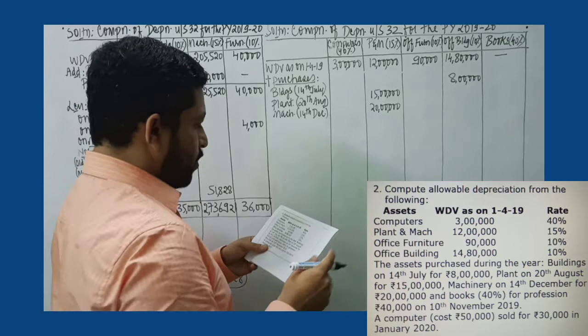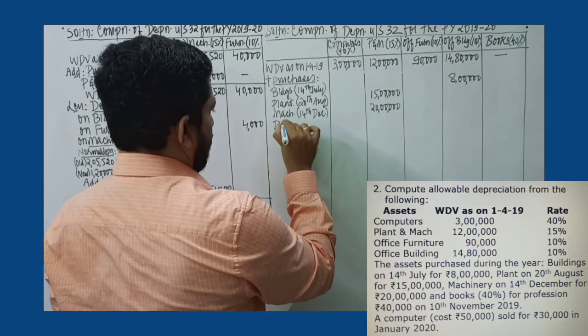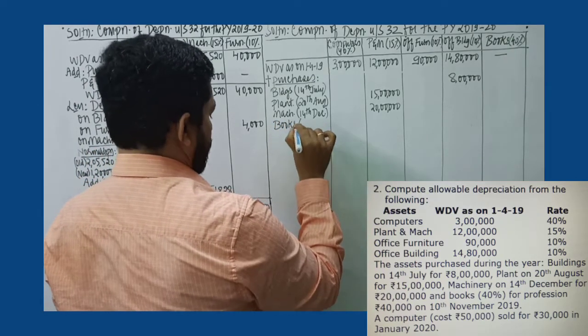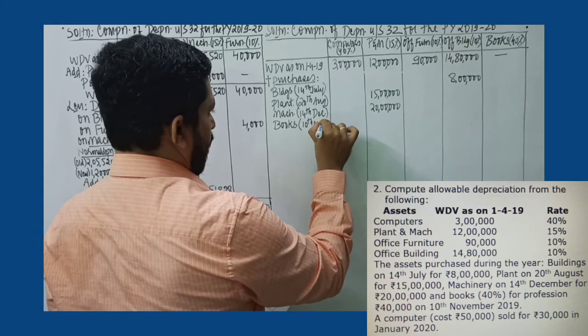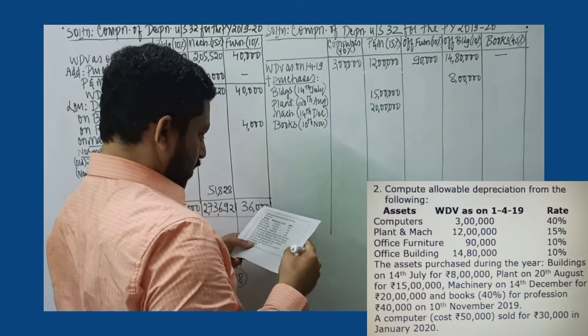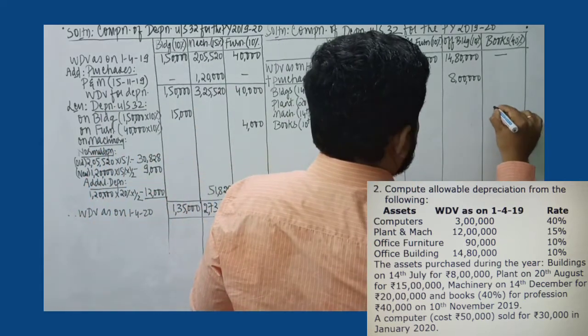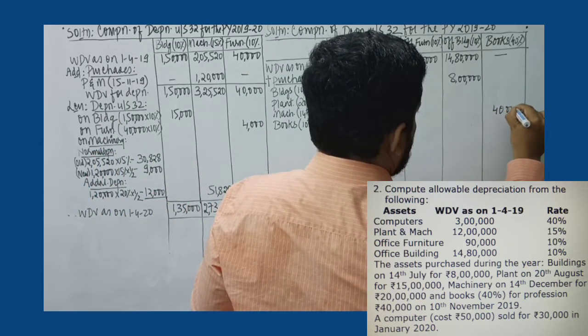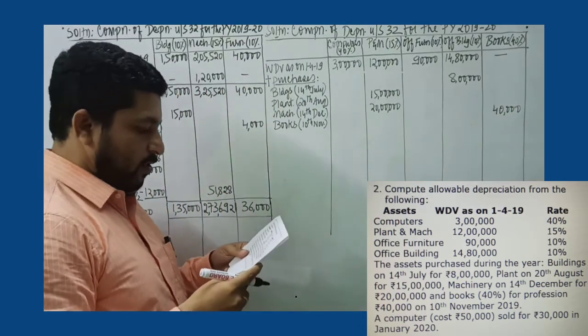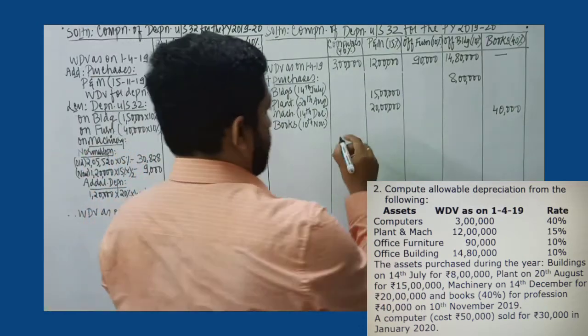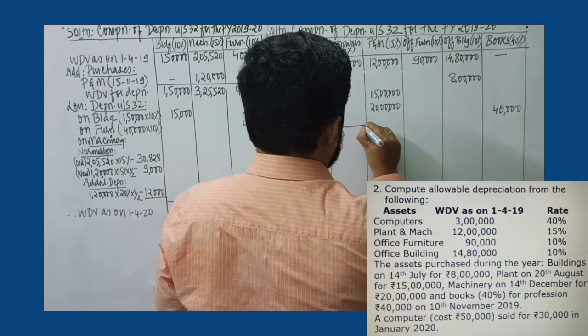Then we have books purchased. So I record books over here. And books are purchased on 10th of November. The value of books purchased is 40,000 rupees. So as far as purchases are concerned, that's all we have.